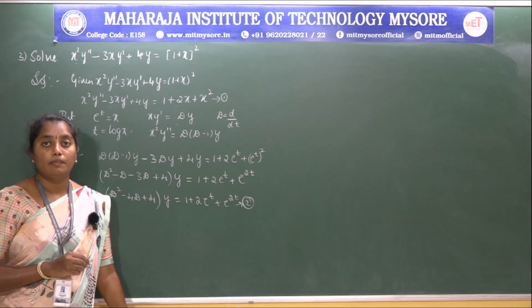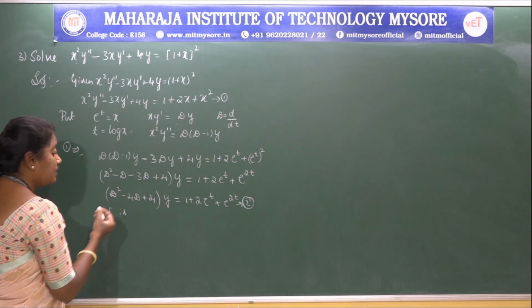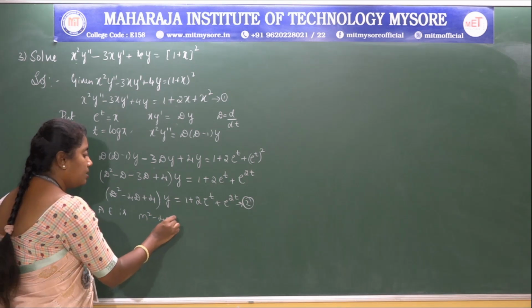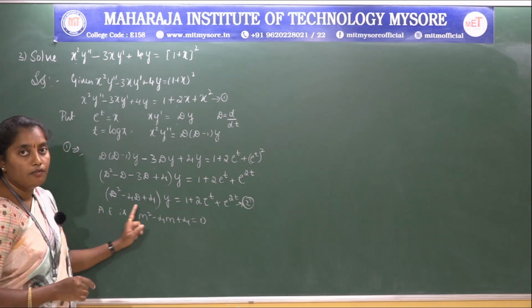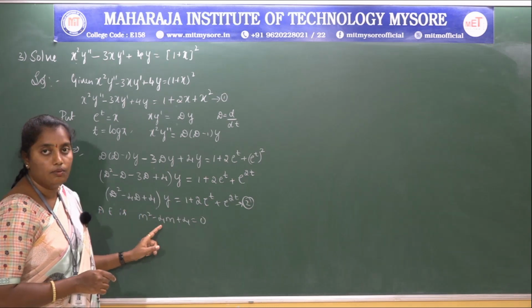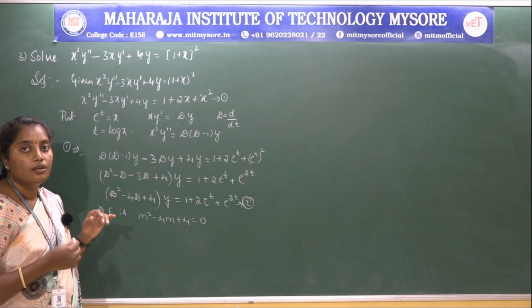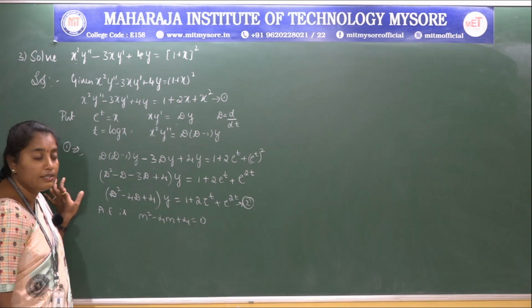To find the complementary function, let us write the auxiliary equation, that is m² − 4m + 4 = 0, which is obtained by replacing the differential operator with a constant term.